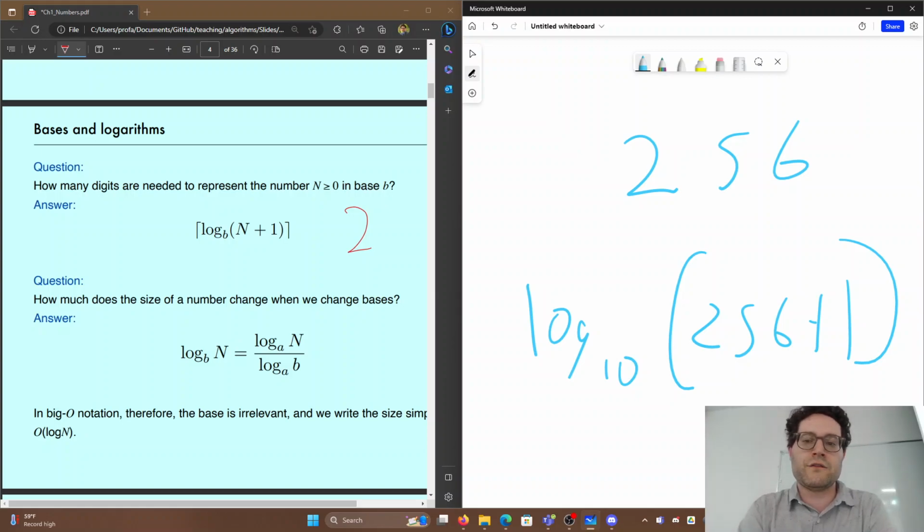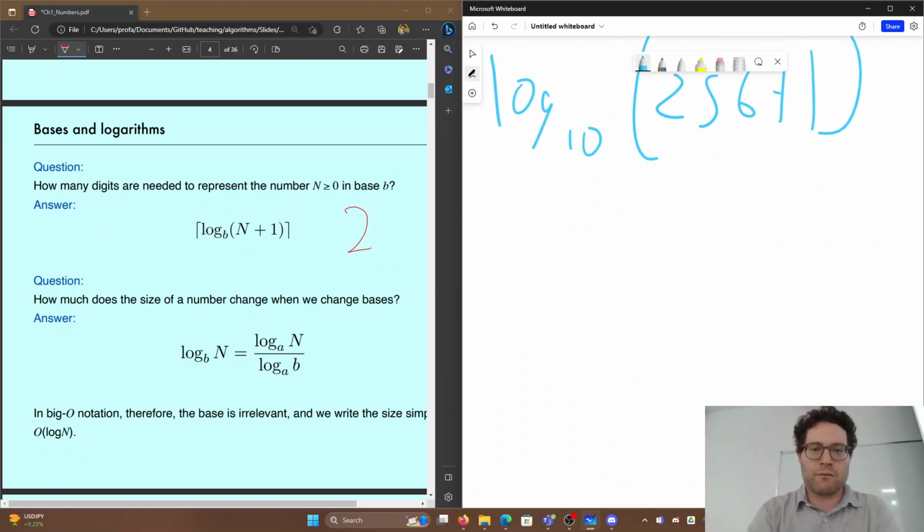Log base 10 of 257 is a bit more than 2. Then we take the ceiling of it to round it up to 3. We need 3 digits.